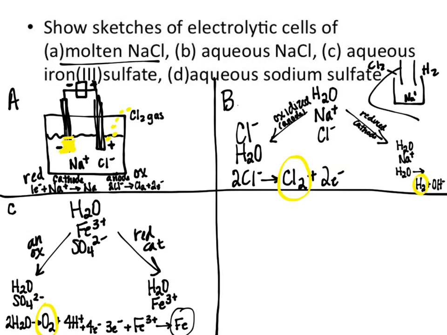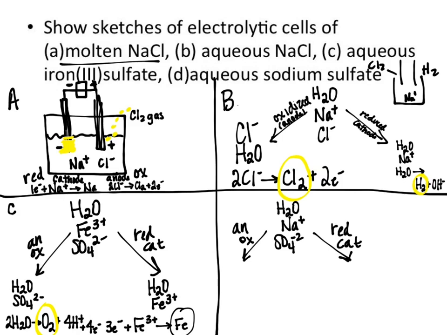All right, and the last situation says aqueous sodium sulfate solution. So now we have water, we have sodium, and we have sulfate. So if we have our anode, our anox, and over here we have our red cat.